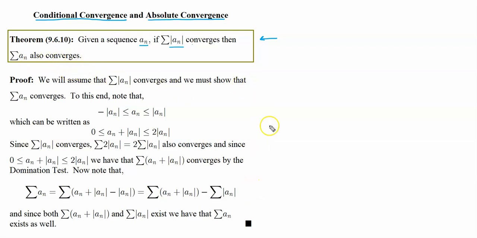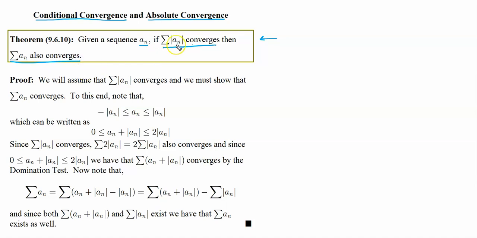Now let's take a look at the proof of this theorem, and then we'll talk about conditional versus absolute convergence. So to prove this theorem, we want to prove that if this is true, then this must be true.